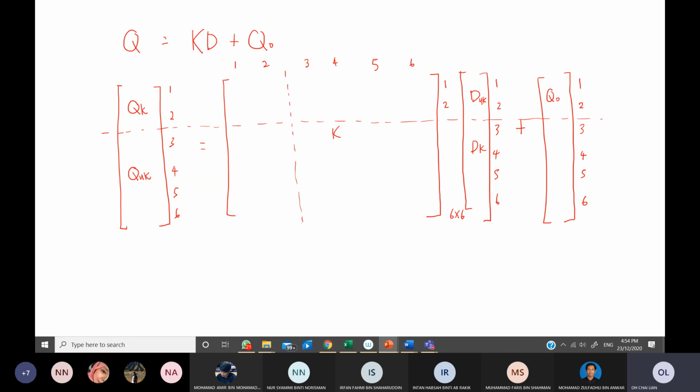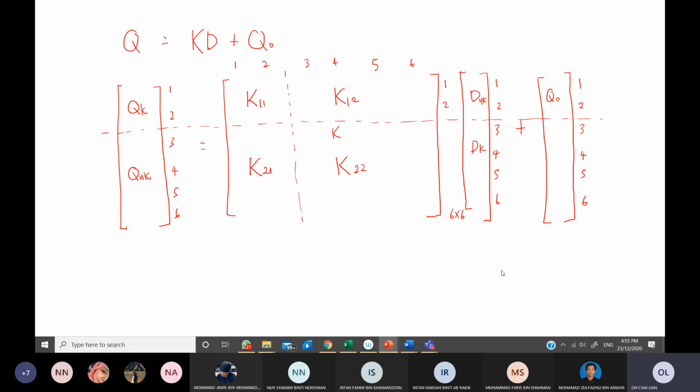If you refer to my notes earlier in the PPT in our previous class, we have actually divided this structure stiffness matrix into four regions. To make our explanation easier, this part, let's say, is K11. This part is K12. This part is K21. And this part is K22.